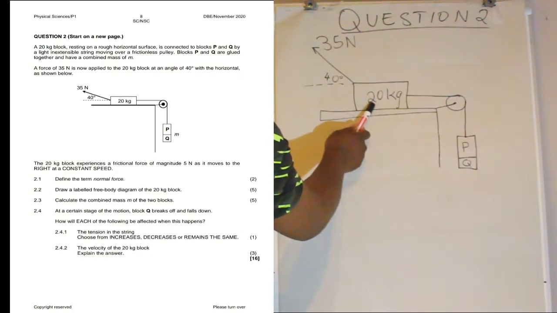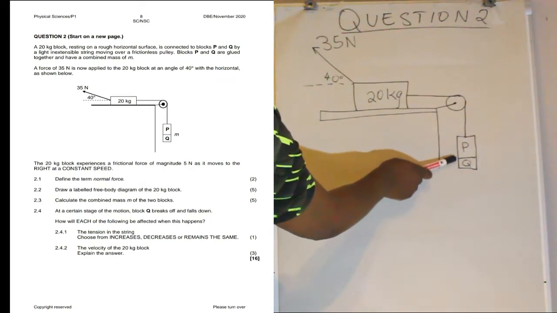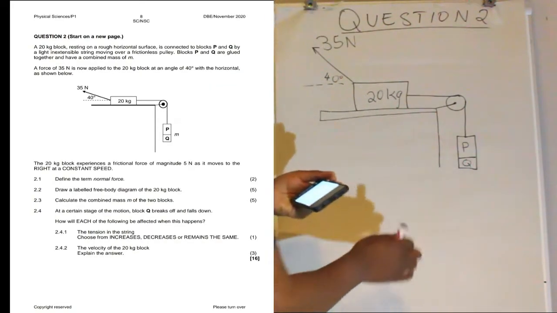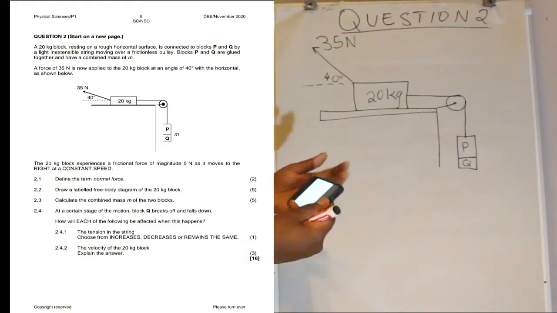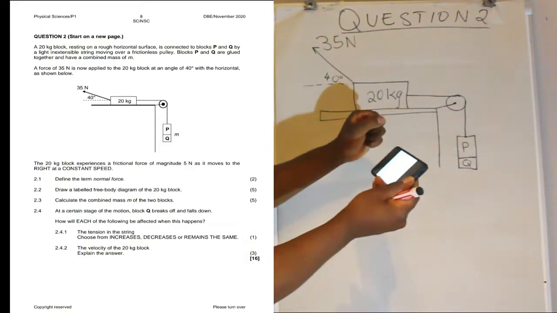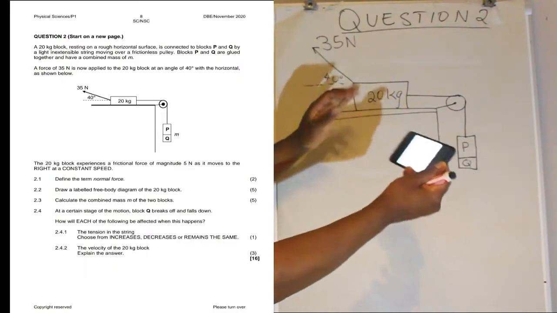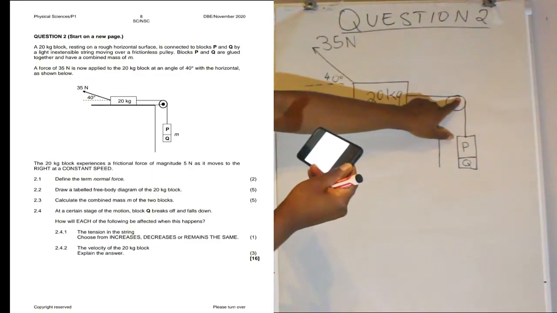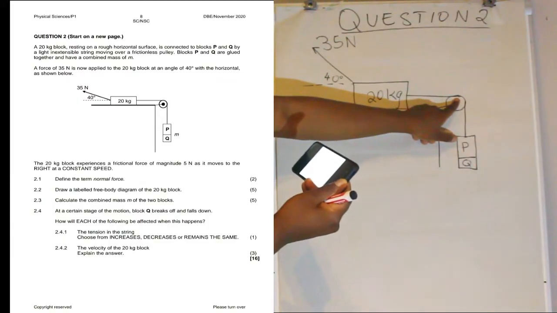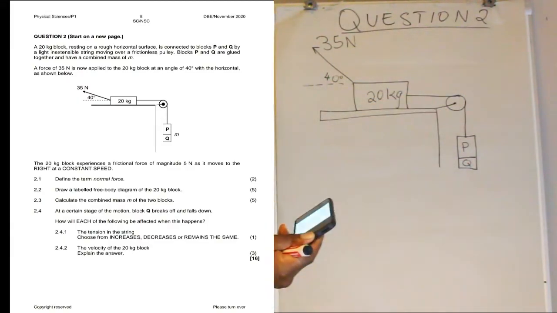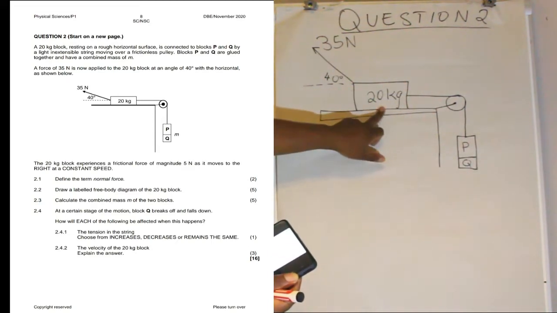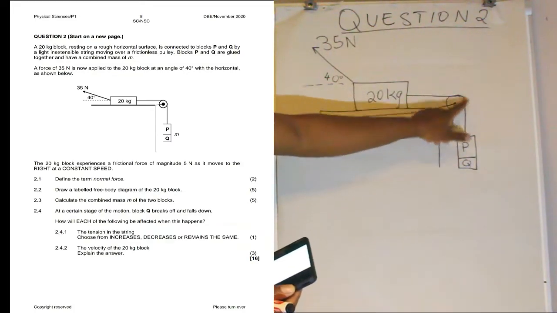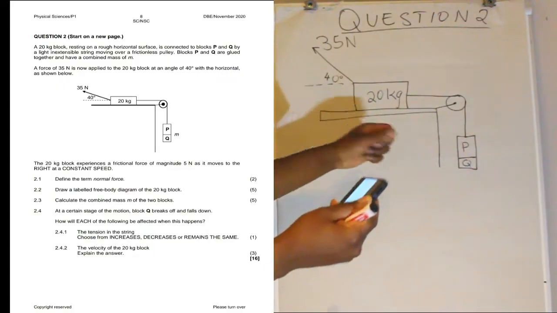So this 20 kg block is attached to blocks P and Q by a light inextensible string, which means the string doesn't stretch, it maintains the same length. The pulley is frictionless, which means there's no friction there that would slow down the motion of this system.